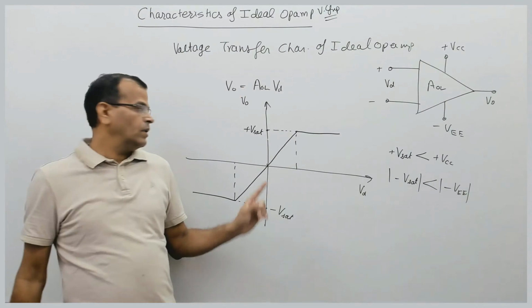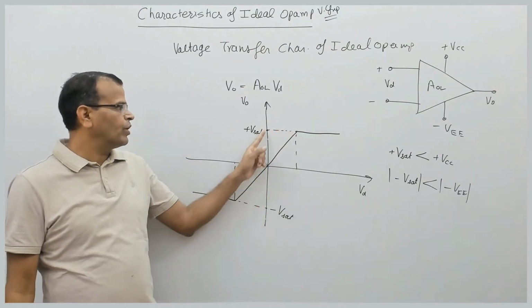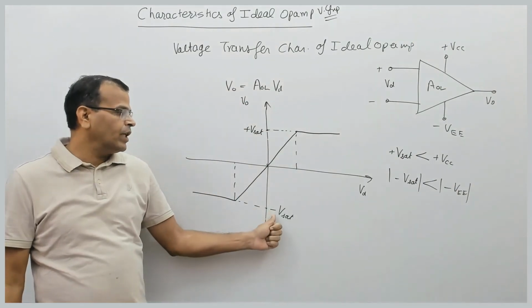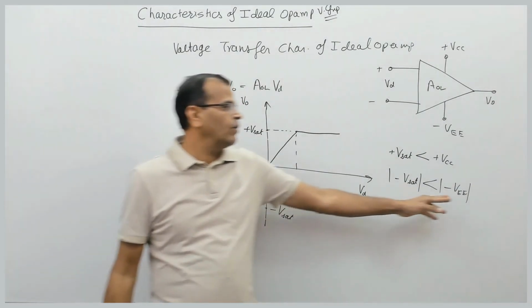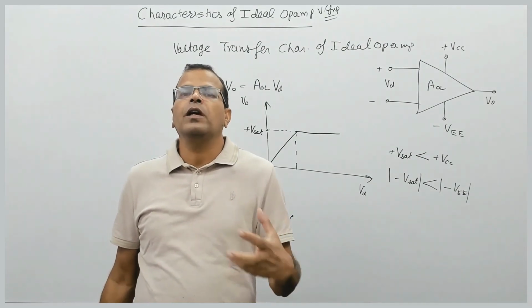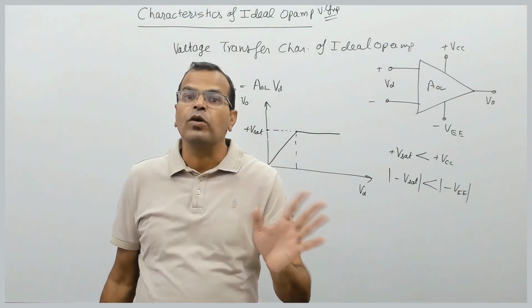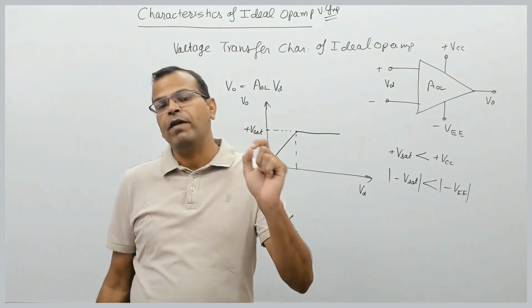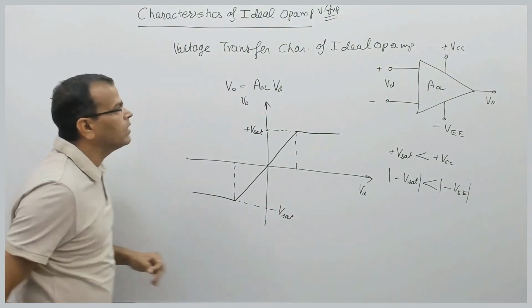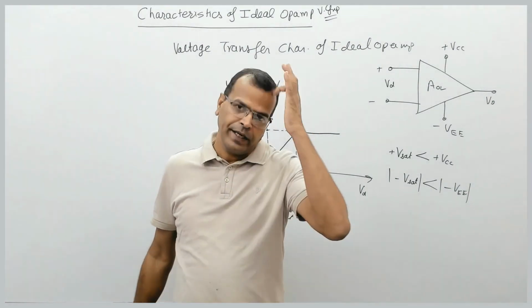That means the saturation voltage level on the positive side is always less than VCC, and on the negative side it is always less than the level of VEE. So the saturated output cannot be more than the power supply voltage of the op-amp. So this is the ideal voltage transfer characteristic.